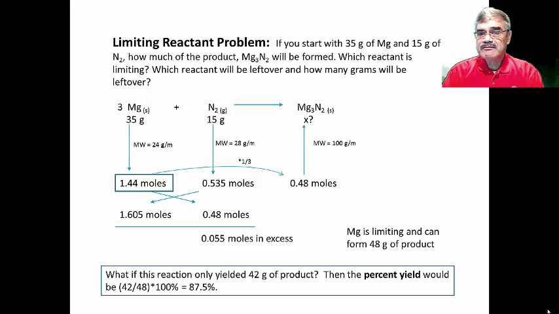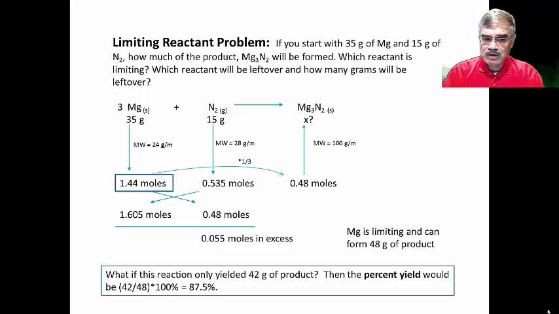Now, once we have identified the limiting reactant, this enables us to determine how many moles of the product we can form. Magnesium is limiting, 1.44 moles. Look at the balanced reaction and the stoichiometric ratios. You can form 1 mole of magnesium nitride for every 3 moles of magnesium.